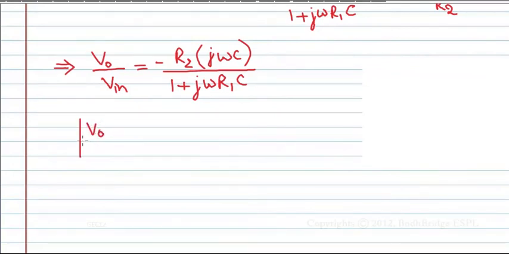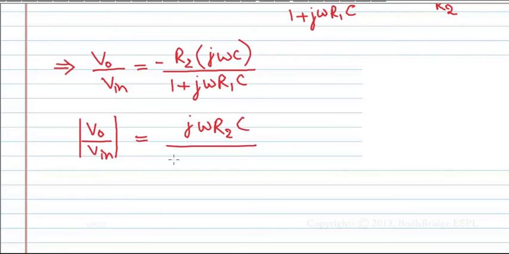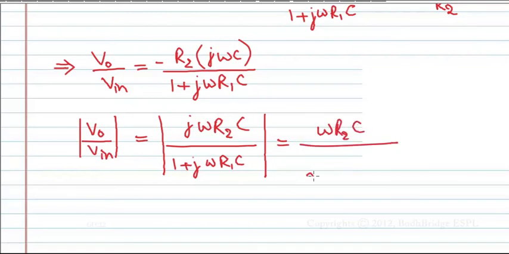The magnitude of V output by V input is j omega into R2 into C by 1 plus j omega R1 into C. What is the magnitude of this? Omega R2 into C by square root of 1 plus (omega R1 into C) whole square.